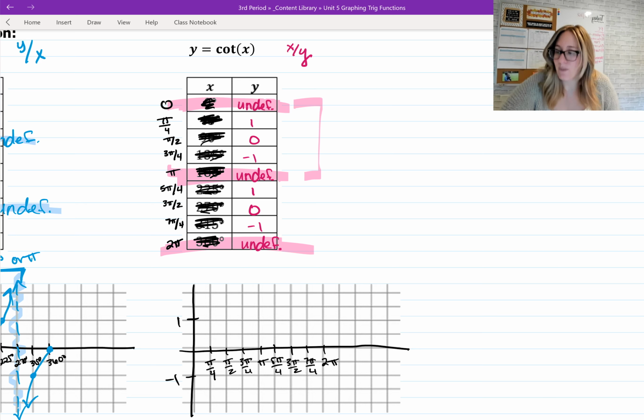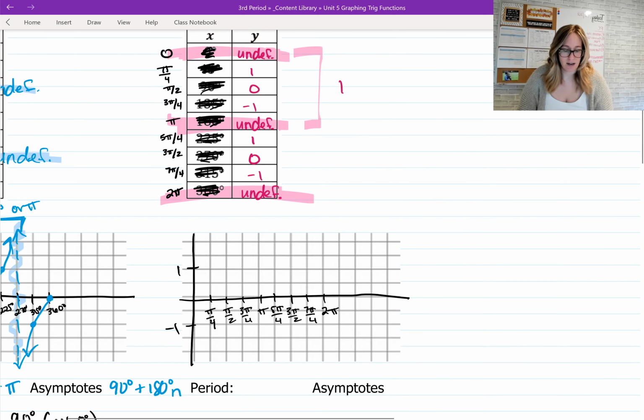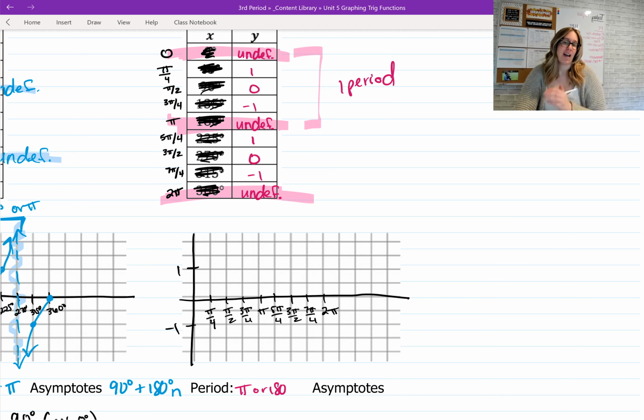Instead of having to start at 90 or pi over 2 for our first asymptote, our first asymptote is at 0, which is preferable because it's the same as sine and cosine, which also start at 0.